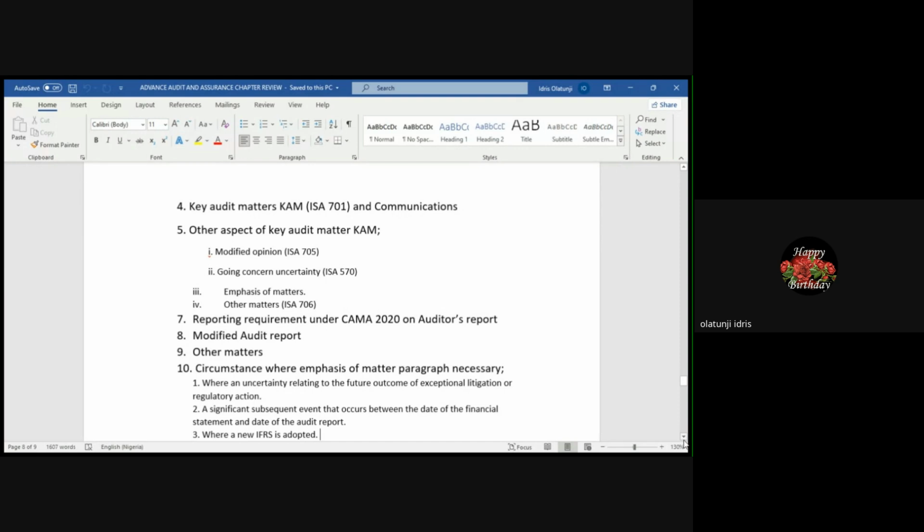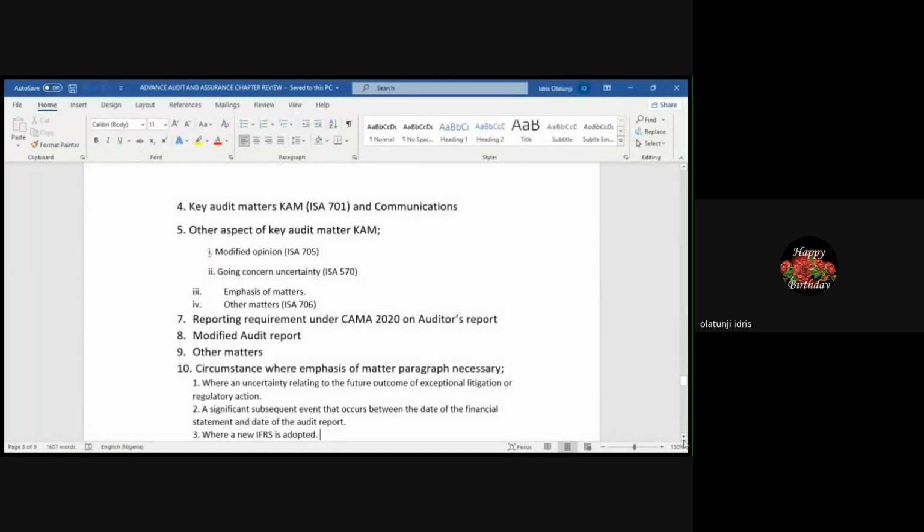Now, the going concern uncertainty, which is ISA 570, is a situation whereby the auditor is expected to include it in the auditor's report, as a material uncertainty in relation to going concern.